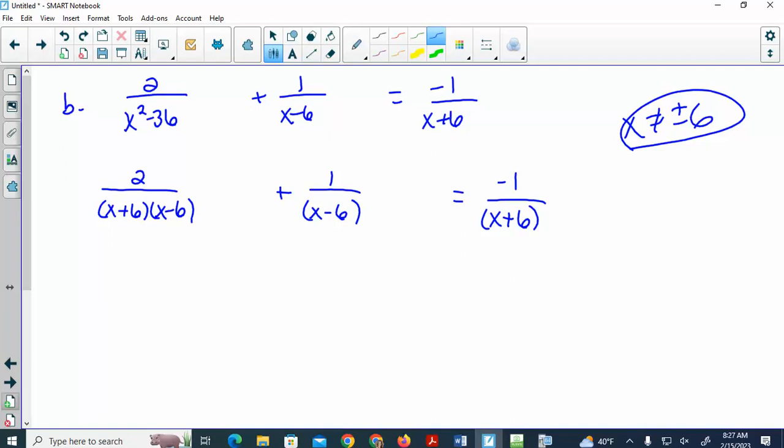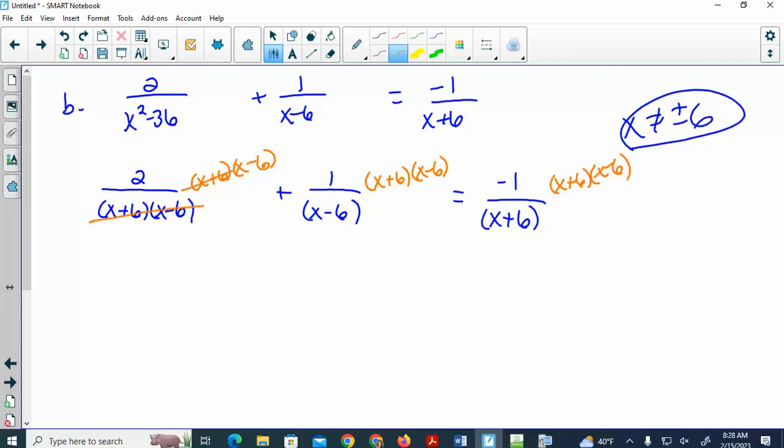Then if it's an equation, so if you have an equal sign, our strategy is to get rid of all the fractions, and we do that by multiplying by the denominators. So to cancel these, I multiply by x plus 6, x minus 6, and you have to multiply everything by the same thing.